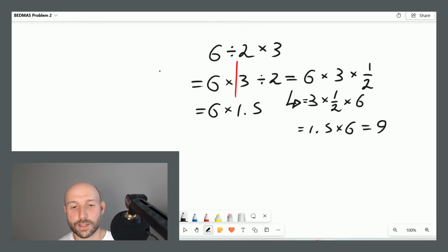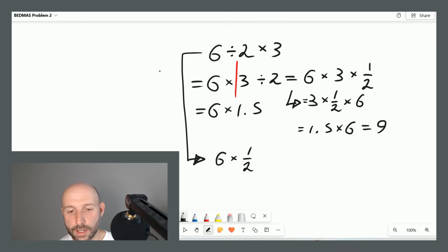Now, let's look at the original form of the question. If we write it as 6 times 1 over 2 times 3, again, we could do the 1 over 2 times 3 first, right? Which is the same as 1 over 2 times 3, then times 6, because it's all multiplication.